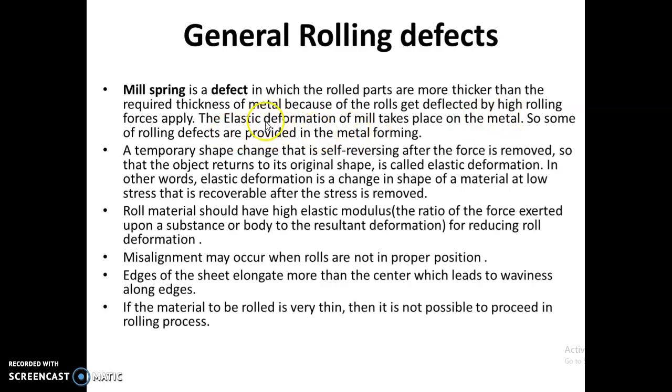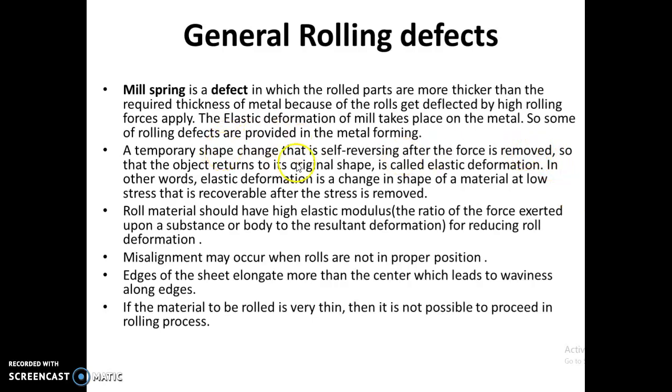So what is elastic deformation? It is the temporary shape change that is self-reversing after the force is removed. When you remove the stress, what happens? The original shape returns, so it retains its original shape.